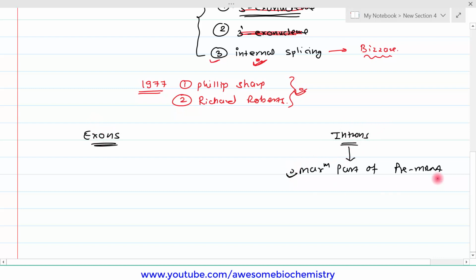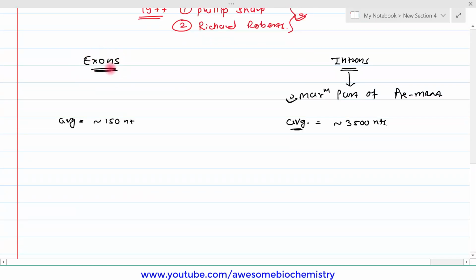Now to appreciate this statement, the average length of an intron is approximately 3500 nucleotides, whereas the average size of an exon is approximately 150 nucleotides. Now regarding the exon, the longest exon is seen in one protein encoding gene, that is the titin encoding gene.